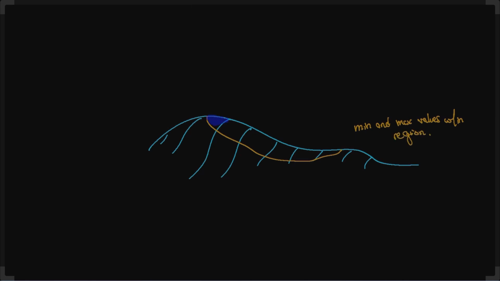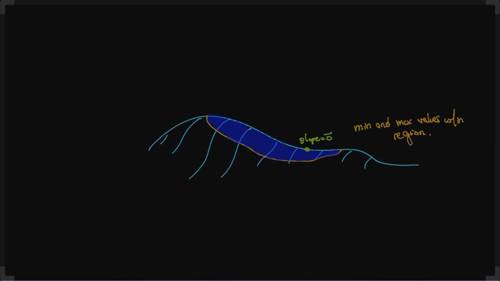Well, there's a few things I can do. I can find where the derivative, or the slope of the mountain range, is equal to 0, and it looks like it's right there. So here slope equals 0, that's the regular critical point idea.